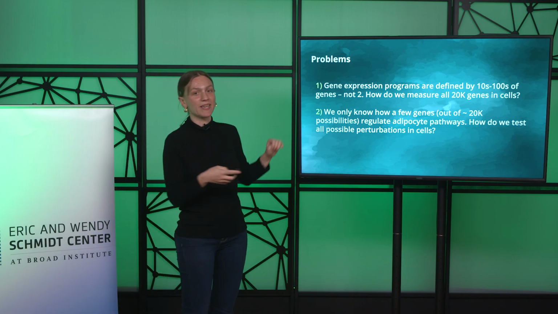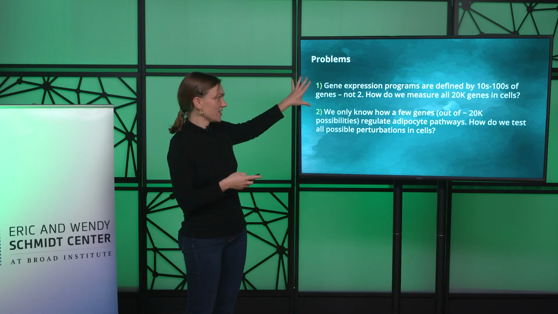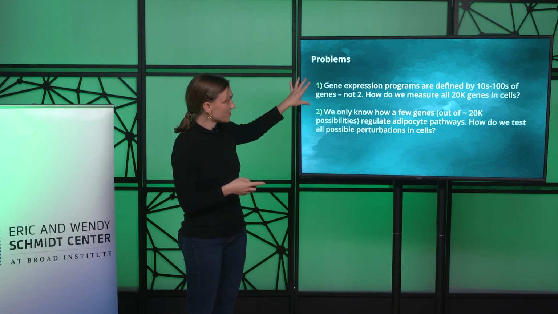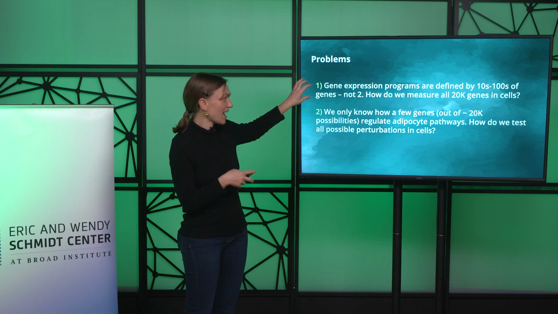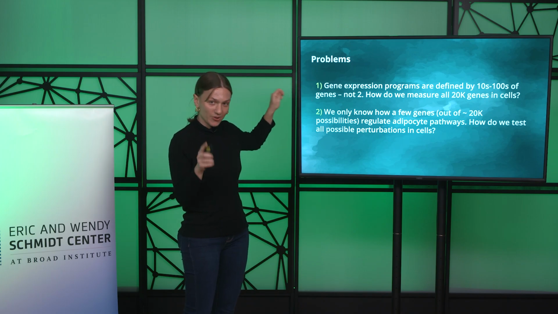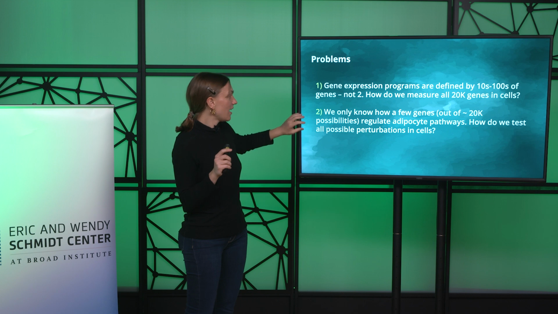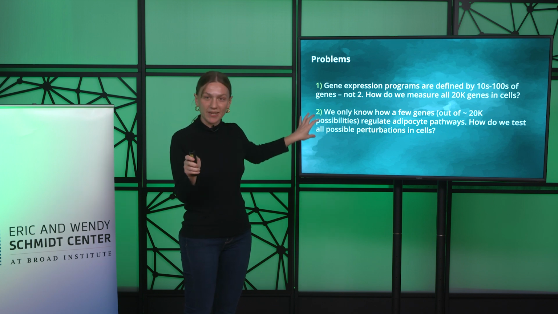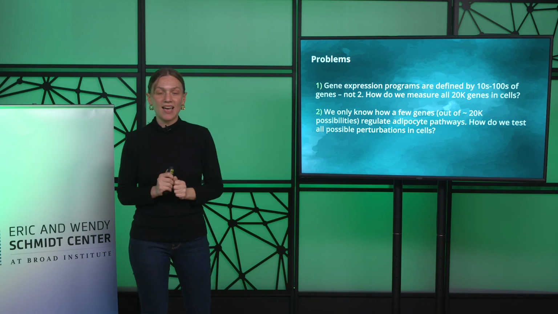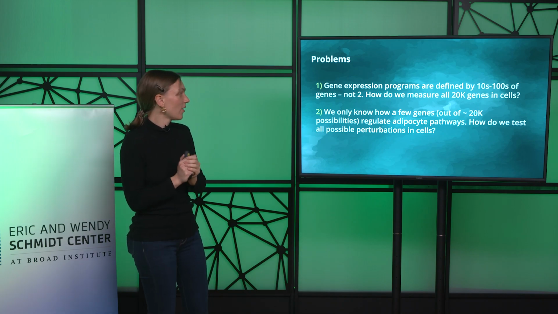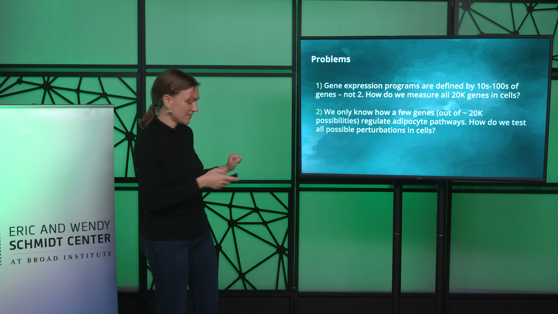And so in parts B and C, we'll be talking about technologies that address this first challenge of measuring every gene in every cell to understand which genes are switched on or off in which cells, and secondly, perturbing or deleting these genes to see what happens to the cells when those genes are deleted.